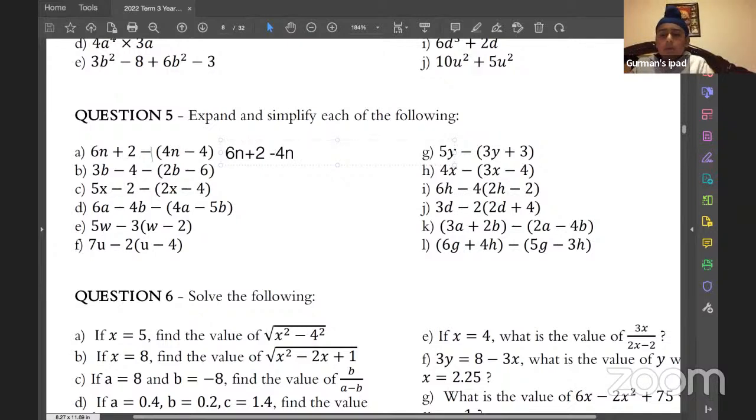Isn't it plus 4n? Nope. Negative 1 multiplied by positive 4n, you get negative 4n. And then negative 1 multiplied by negative 4 is positive 4. And then you simplify. 6n minus 4n is 2n. Plus 2 plus 4 is 6. That's it.